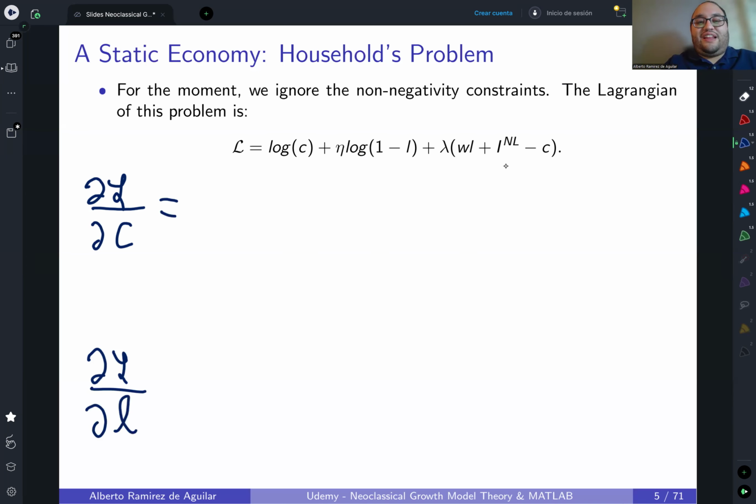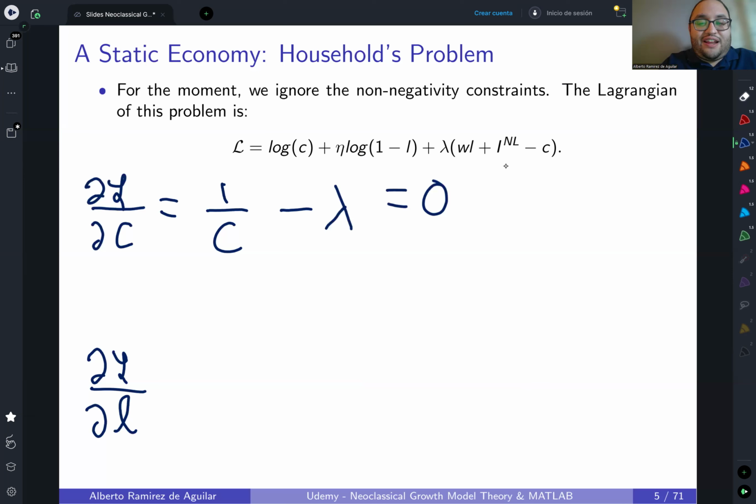The derivative of the Lagrangian with respect to consumption is going to be 1 over c, which is this derivative. Then the derivative of this with respect to c is 0. And the derivative of this part with respect to c is minus lambda. So in order for this to be optimal, this derivative has to be equal to 0.